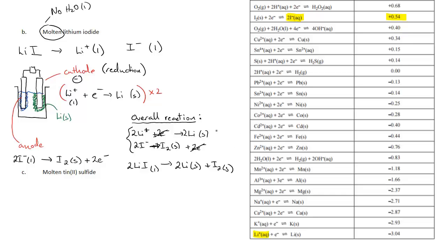Now, in terms of finding the value of the voltage required, you need to take the lithium half equations, so read it from the table. It's negative 3.04 volts. It's found right there. And then we know the iodine equation is this, but it's been flipped around, so it's actually negative 0.54 volts.